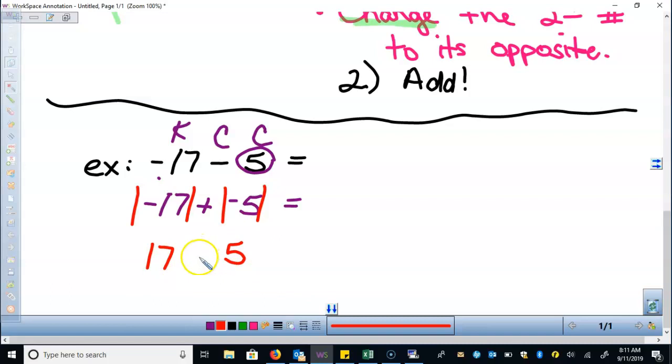Okay, 17 plus 5 is 22, and what do we know about the sign of our answer? It's going to stay the same, so it stays negative. Pretty cool? All right. Let's do another one. And then I'm going to give you some to try on your own.